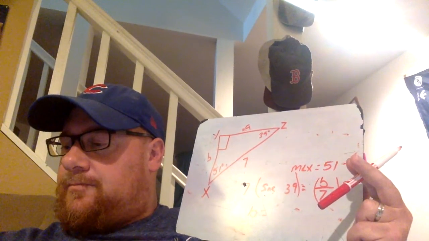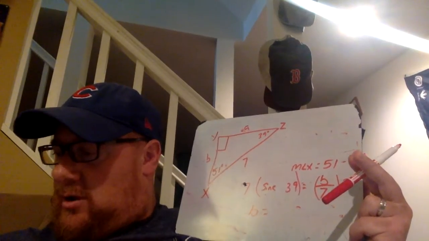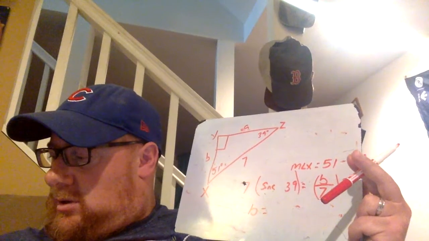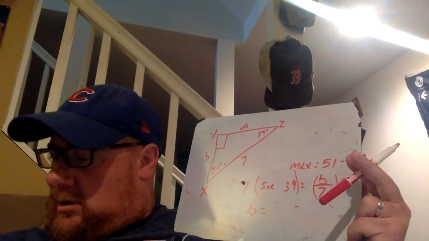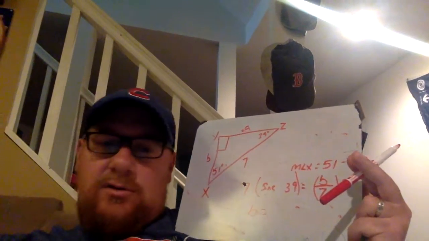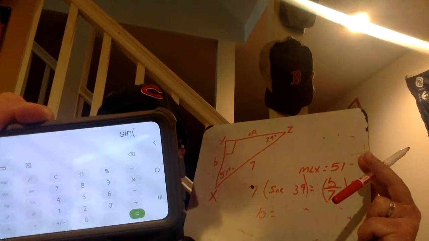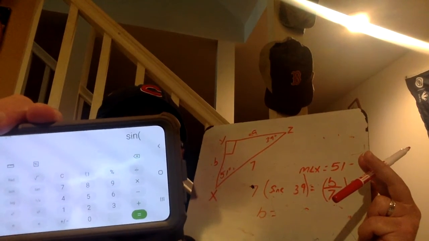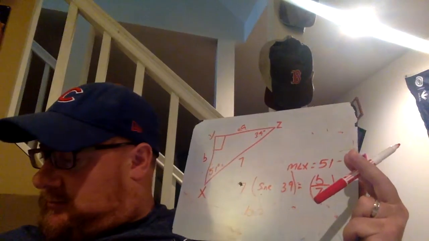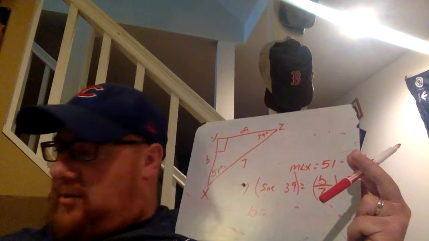All you're going to do is type sine. And when you do, you'll see, like on mine, for example, that parentheses. Okay, so make sure that you put sine 39 end parentheses.